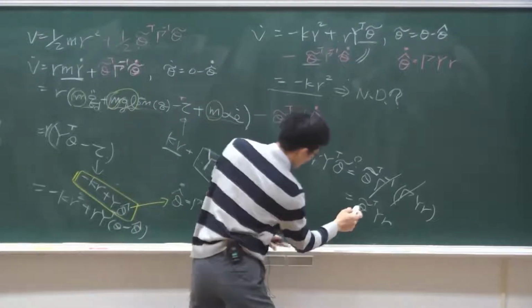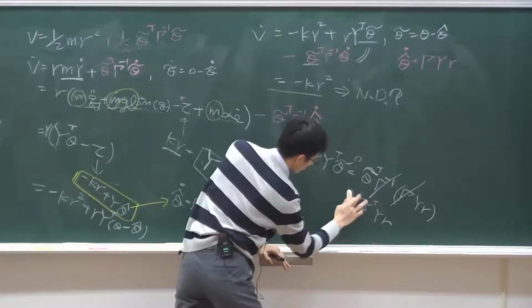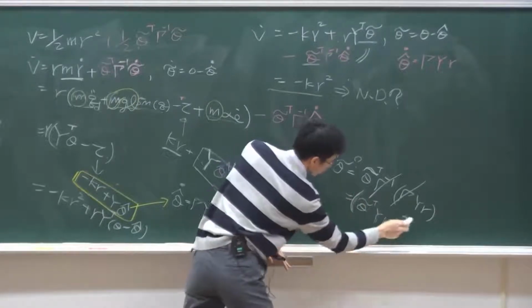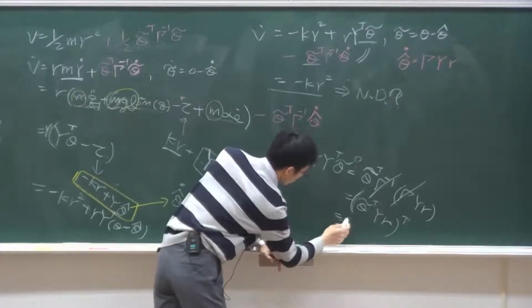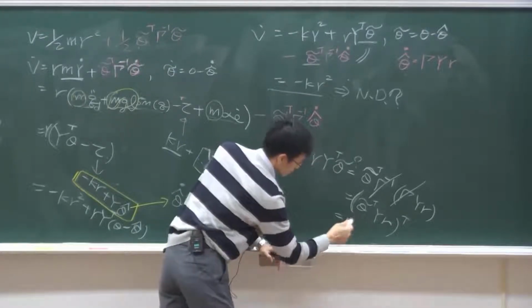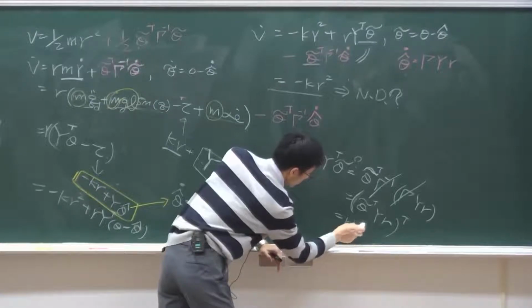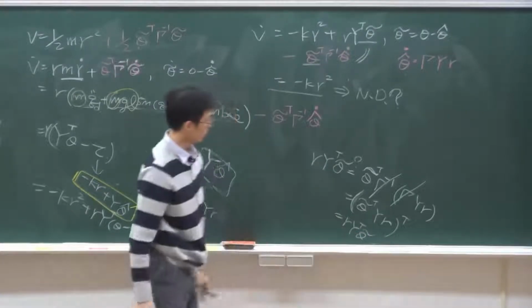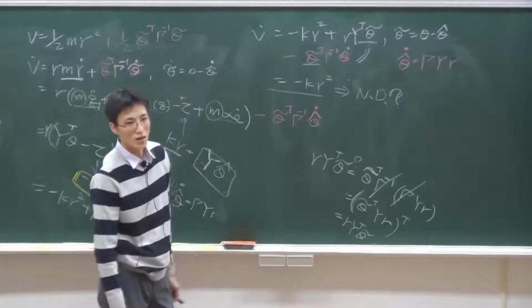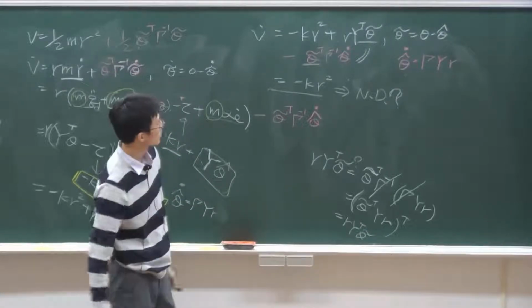So if you take the transpose, it should still be equal. You take the transpose, this gives you r, r transpose, y transpose and theta tilde. Okay, so it's the same. So they can be cancelled out.